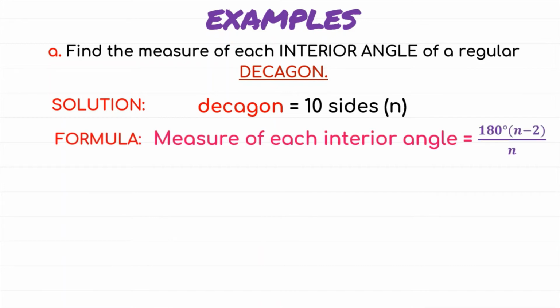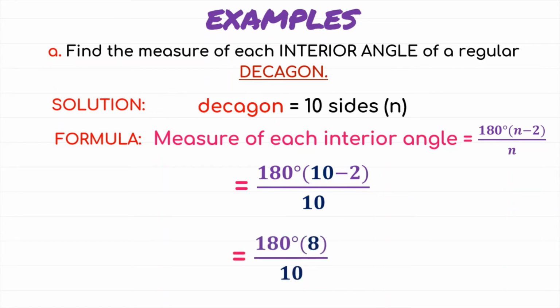So, ang formula natin is 180 times n minus 2 divided by n. So, yung n, substitute by 10. So, 10 minus 2, that is 8. So, 180 degrees times 8 is equal to 1,440 degrees. Divided by 10, meaning each angle ng decagon has 144 degrees.